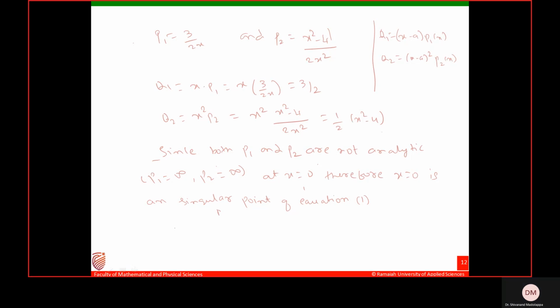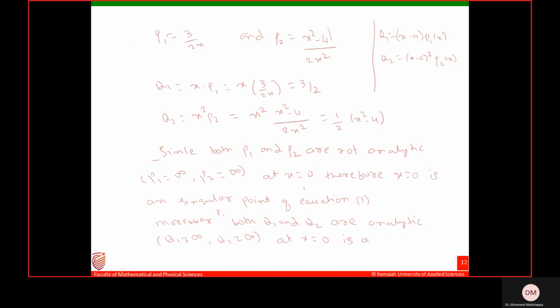Moreover, both q1 and q2 are analytic. q1 is not equal to infinity. q2 is not equal to infinity at x is equal to 0.